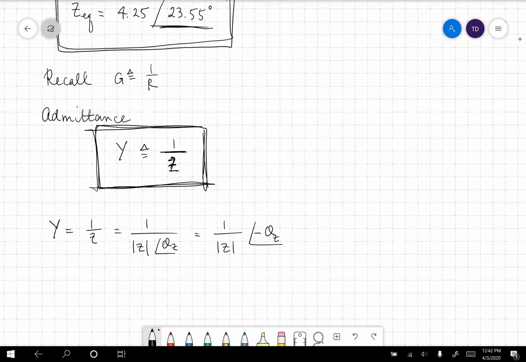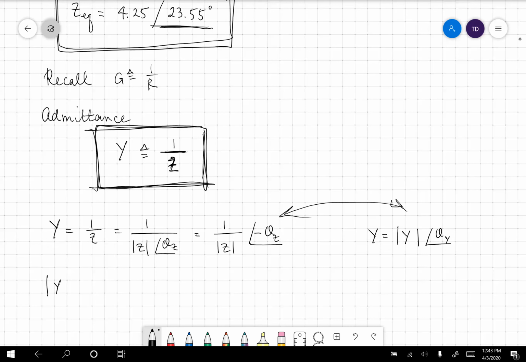So therefore, what does this tell me? This tells me if Y is equal to the magnitude of Y at an angle of theta Y, then comparing this one to this one, we know the following.